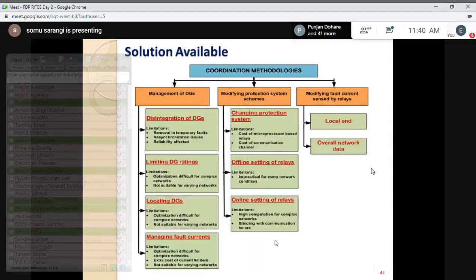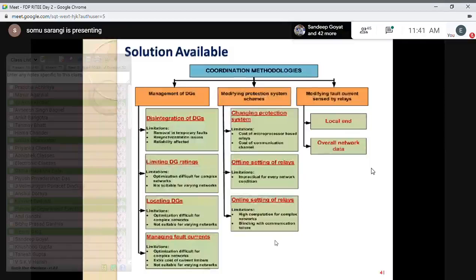So probably the problem is occurring because of DG. So we may manage the DG. Means if you disintegrate the DG during fault, then it may be possible that fault current will not be contributed from the generator. Or we may say this is the maximum capacity of the DG we should include in our system, so that beyond this we cannot include DG because it affects the fault current.